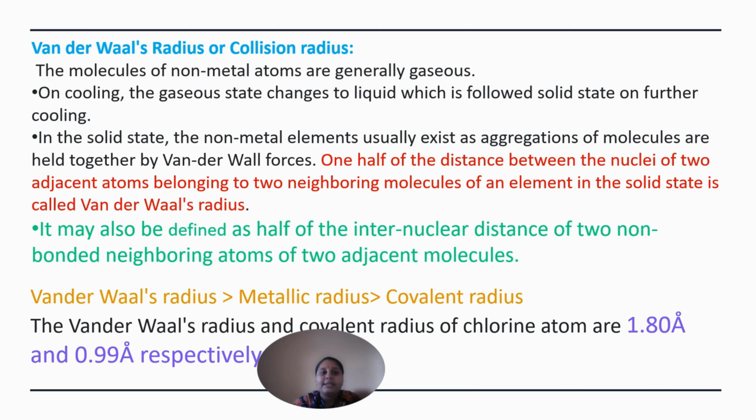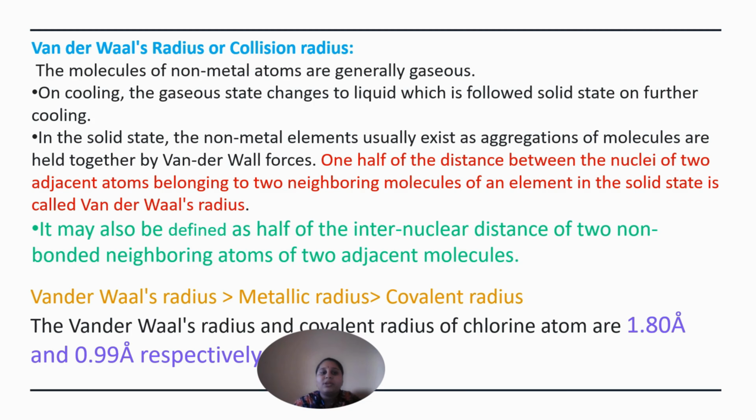In the solid state, the nonmetal element usually exists as an aggregation of molecules held together by van der Waals forces. One half of the distance between the nuclei of two adjacent atoms belonging to two neighboring molecules of an element in the solid state is called the van der Waals radius.